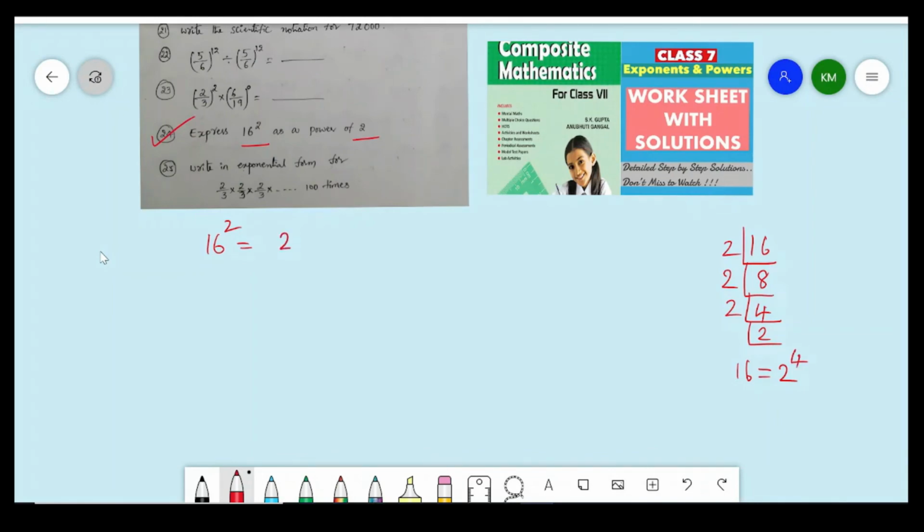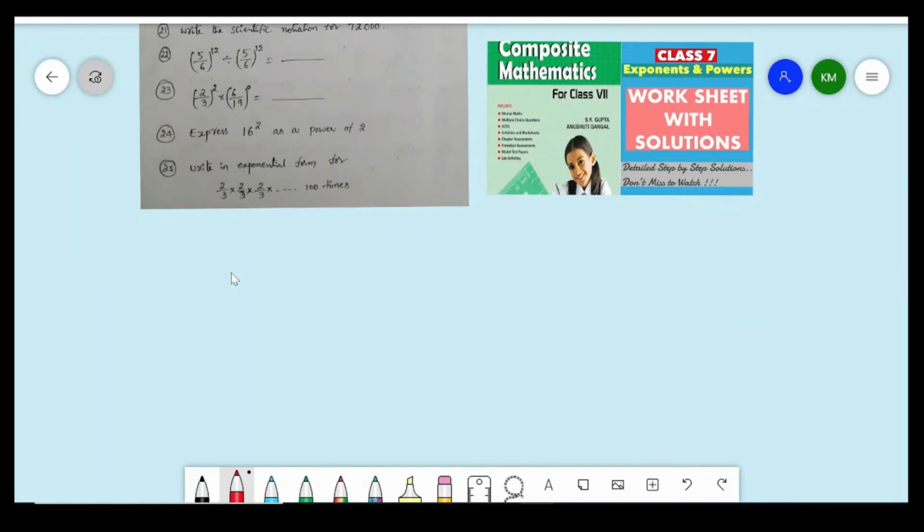Instead of 16 I am rewriting it as 2 raised to the power 4 whole to the power 2. Again I have a formula, a power m whole power n equals a power m multiplied by n. So similarly here 2 raised to the power of 4 multiplied by 2 is 2 raised to the power 8. So 16 squared can be rewritten as 2 raised to the power 8.